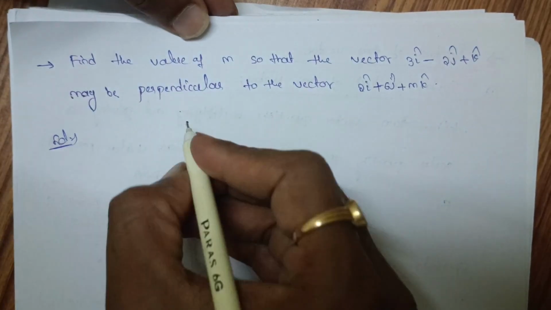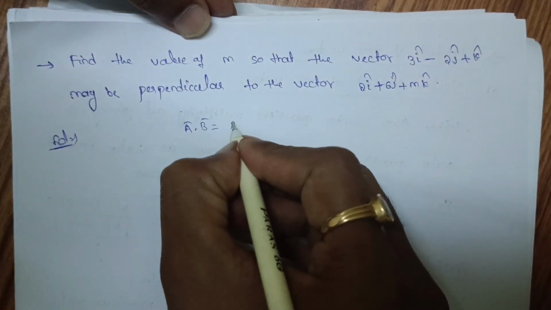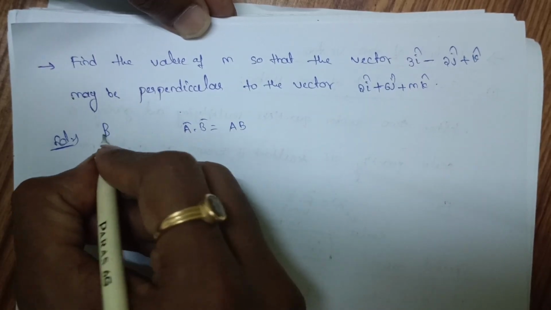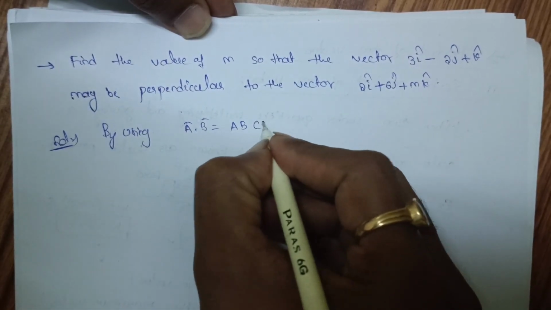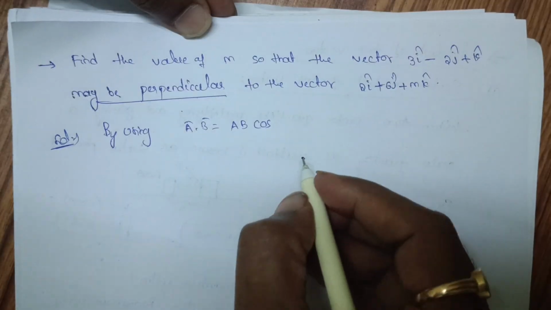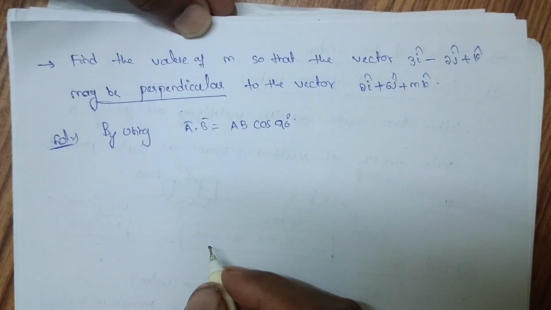Here a dot b is equals to, let us use ab cos theta. Perpendicular they mentioned, so this becomes 90 degrees.